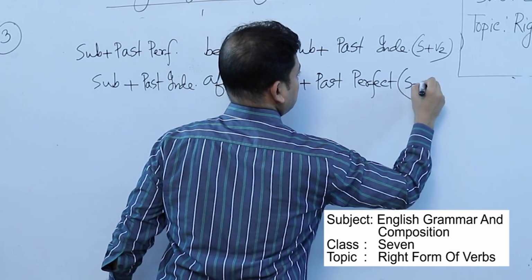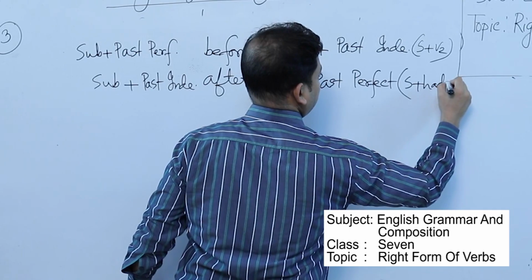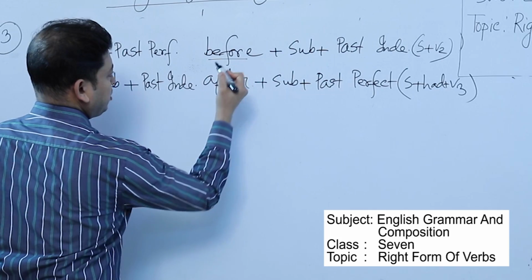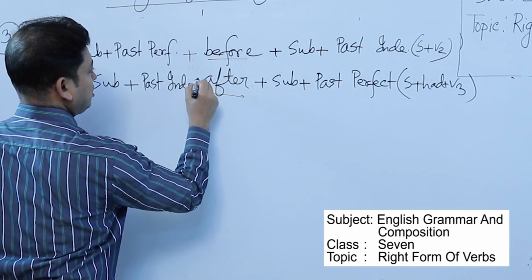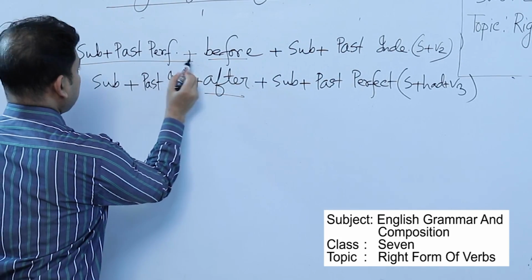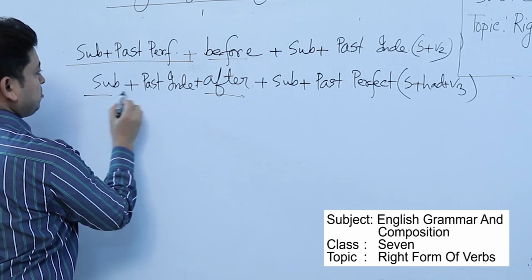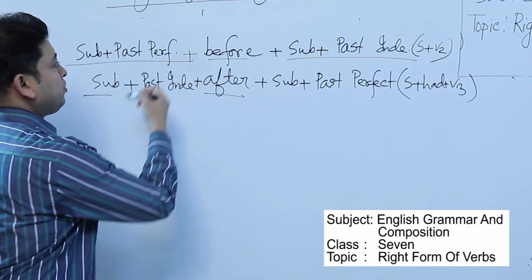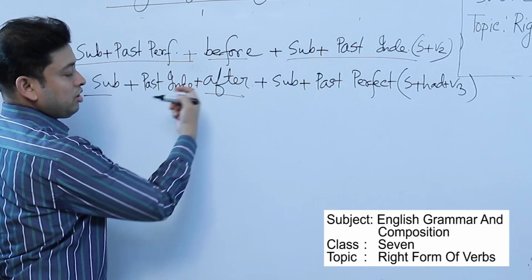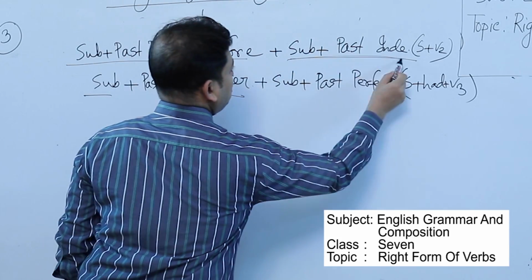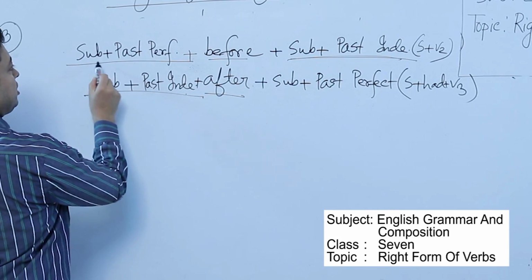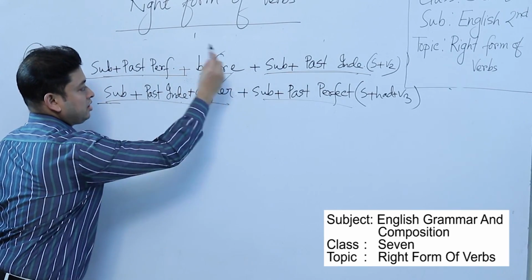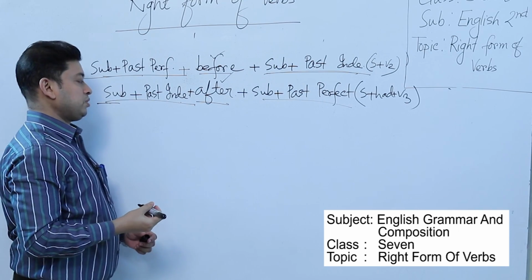That means subject plus had plus V3. So if there is before in the middle, after in the middle, it will be subject plus past perfect, subject plus past indefinite for after, subject plus past indefinite for before, and subject plus past perfect for after. So this rule is here and this rule is here. The change is for before and after. So let's see some examples.